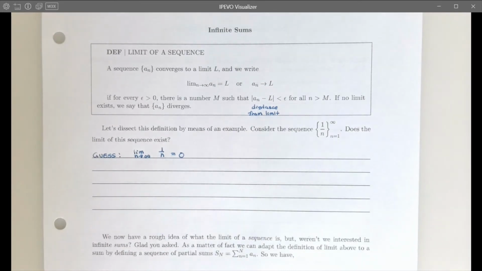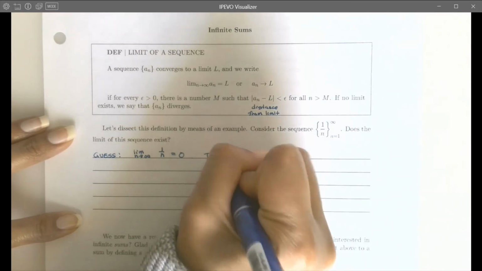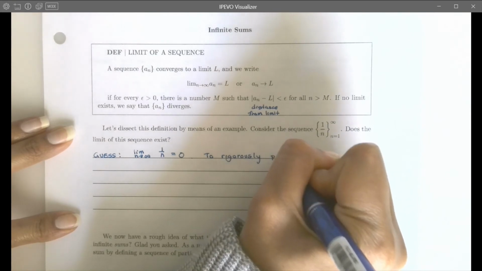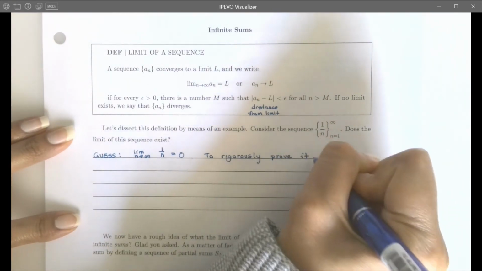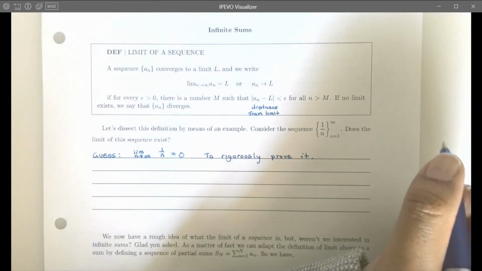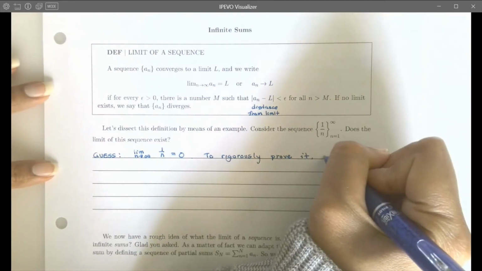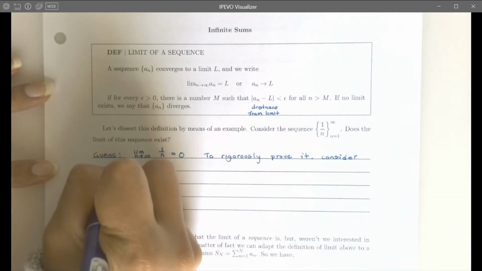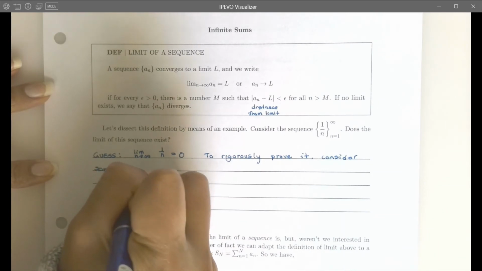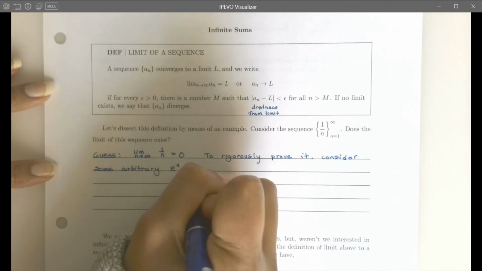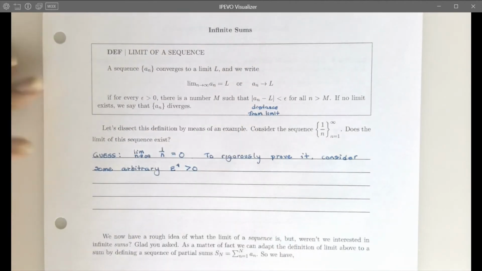But now we have to rigorously prove it. So to rigorously prove it, let's consider some arbitrary epsilon value, which I'll call epsilon star, greater than 0.